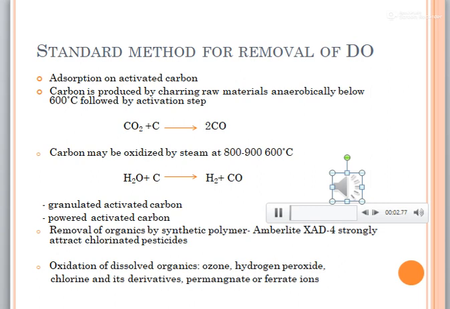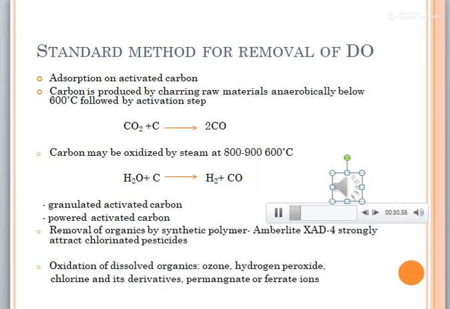The standard method for the removal of dissolved organic material is adsorption on activated carbon, a product that is produced from a variety of carbonaceous materials including wood, pulp, meal, peat and lignite. The carbon is produced by charring the raw material anaerobically below 600 degrees Celsius, followed by an activation step consisting of partial oxidation.